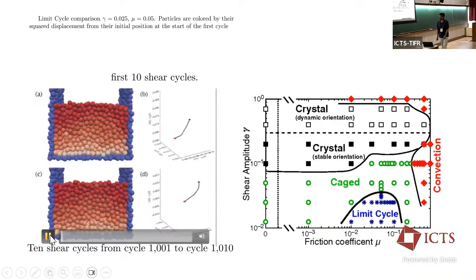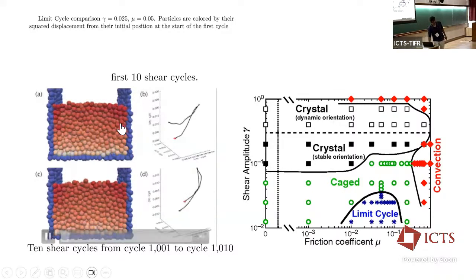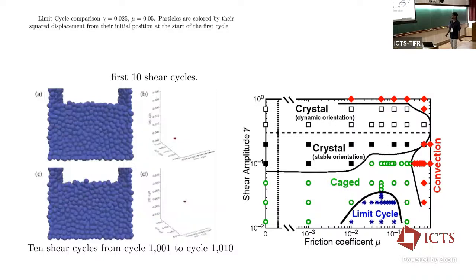Question. Shankar, question. What happens at the boundary between the, can you go back? Between the caged and the convection, what happens? So that's the cage structure, depending upon what your friction factor is here and the shear amplitude.